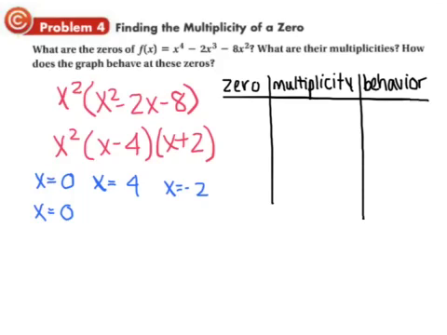So we have 3 different zeros: 0, 4, and negative 2. Their multiplicity depends on how many times the factor appears in the polynomial. So 0 would have a multiplicity of what? Cameron? 2. Good. 4 has a multiplicity of 1. Good. And negative 2 has a multiplicity of 1.